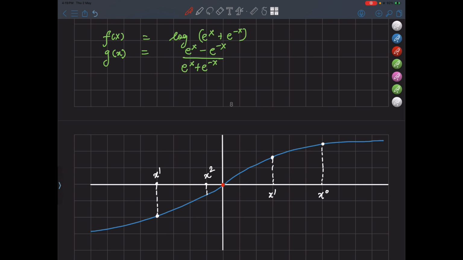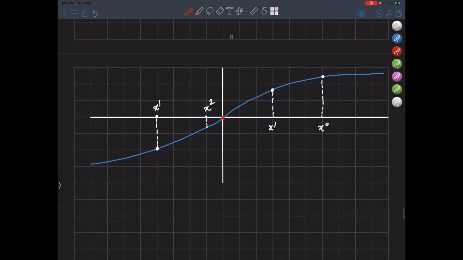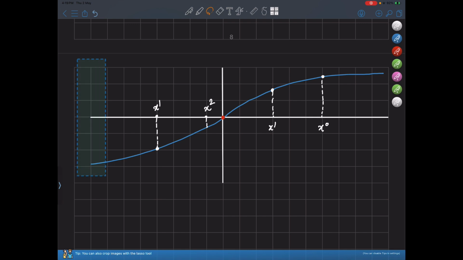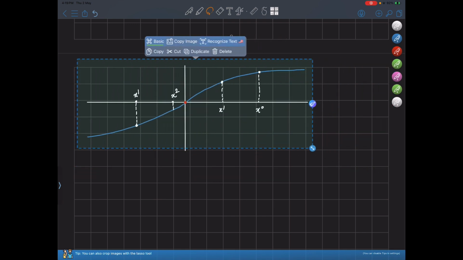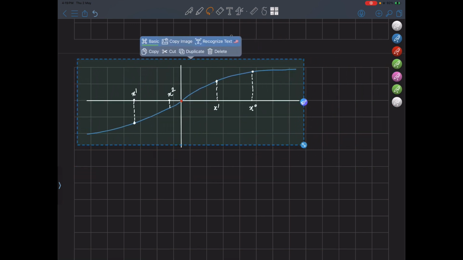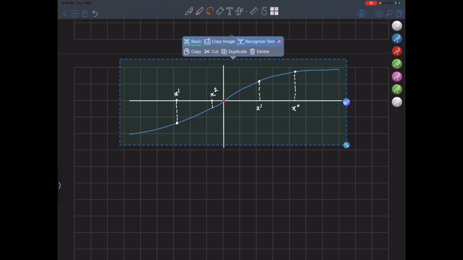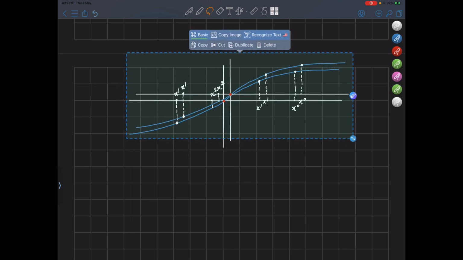Now let's slightly change the initial point.